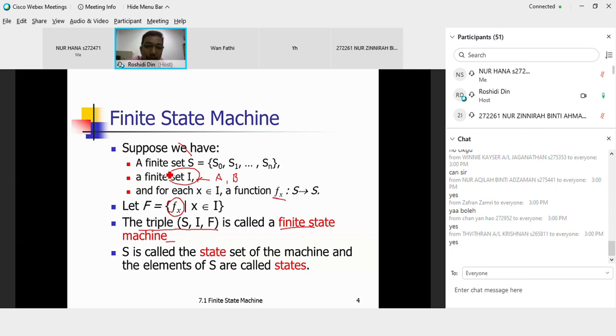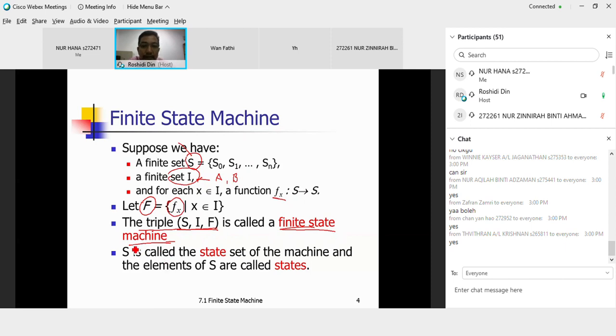So we have S as the first component, I as the second component, and the third, fx, represented by F. These 3 components, the triple S, I, F, are why we call it a finite state machine.